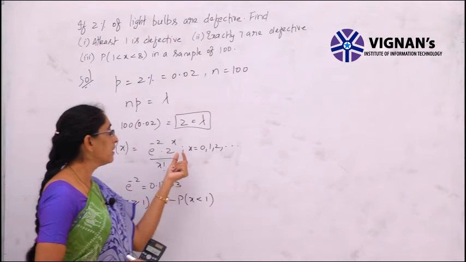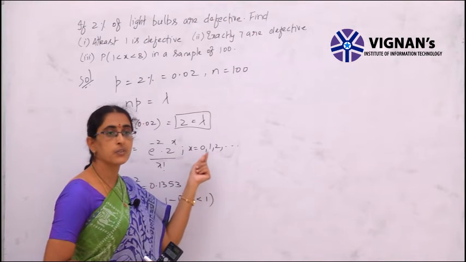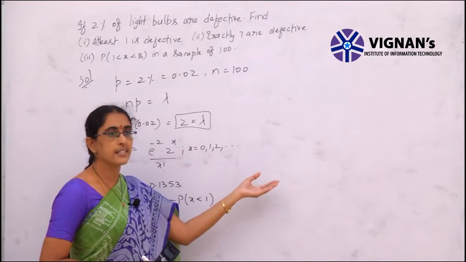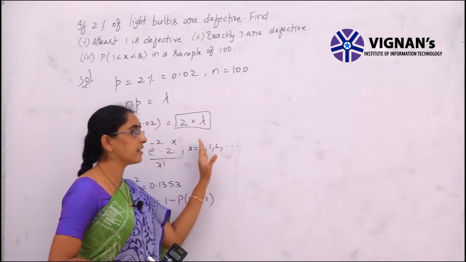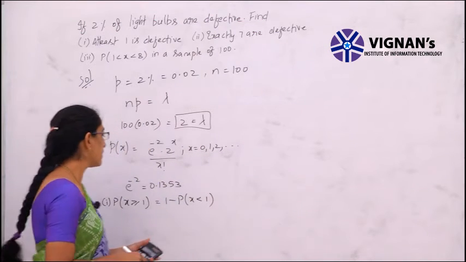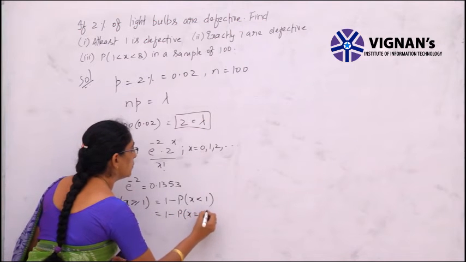Why? Because here the probability of entire sample space is equal to 1. So, x equal to 0, 1 to so on infinity is equal to 1 here. And if you simplify that 1 minus of 0, you will get the rest of 1 to infinity. Right? So, 1 minus probability of x equal to 0.